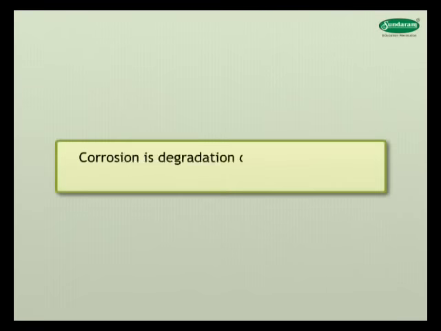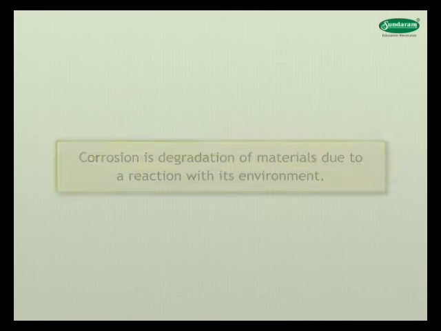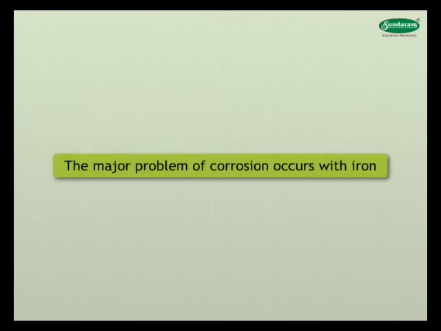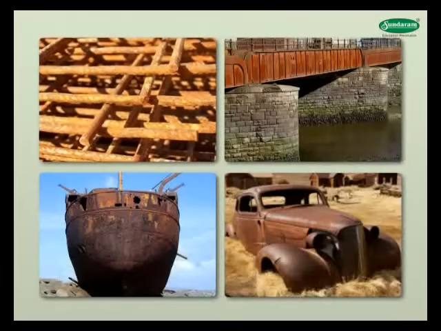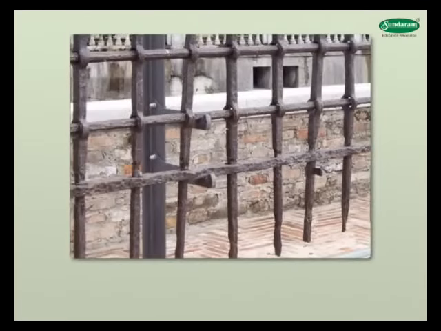Corrosion of metals. Corrosion is degradation of materials due to a reaction with its environment. The major problem of corrosion occurs with iron since it is used as a structural material in constructions, bridges, shipbuilding, automobiles, etc. Have you ever observed old iron grills in buildings?